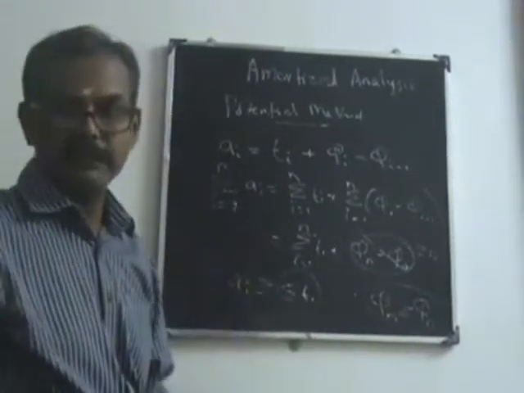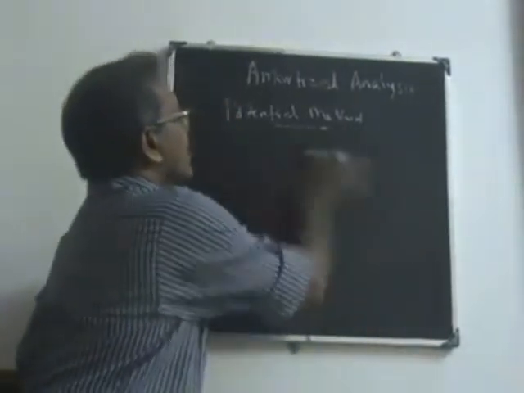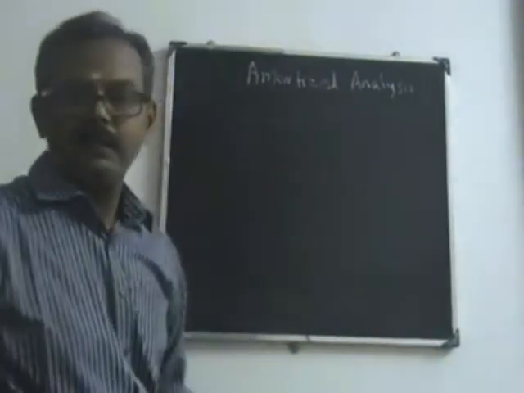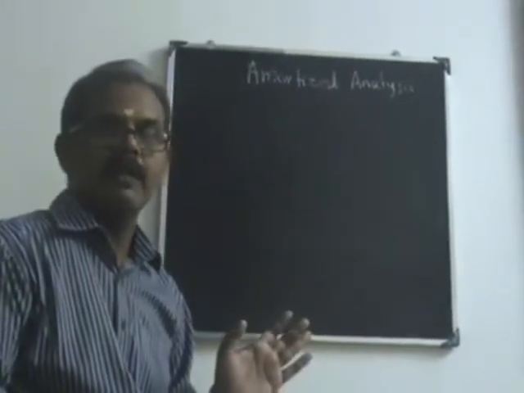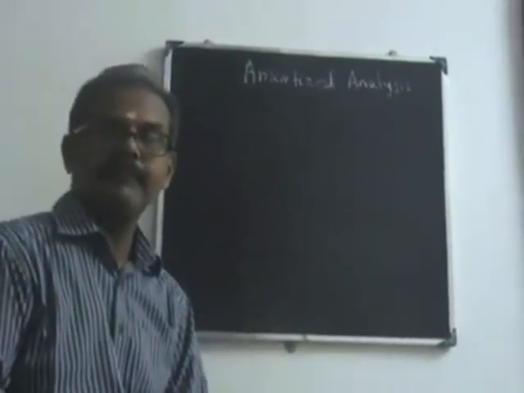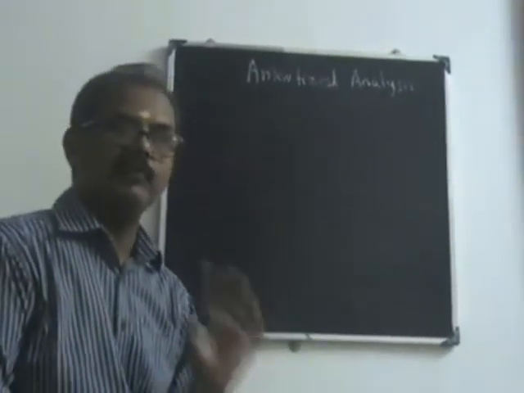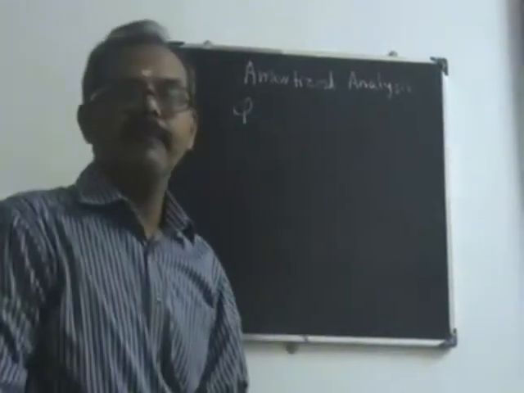So that's the logic. Now we can consider our example, that is a binary counter. Let us see how we derive the amortized cost based on the potential function. For that, first we have to define a potential function. Let us say phi is the potential function.